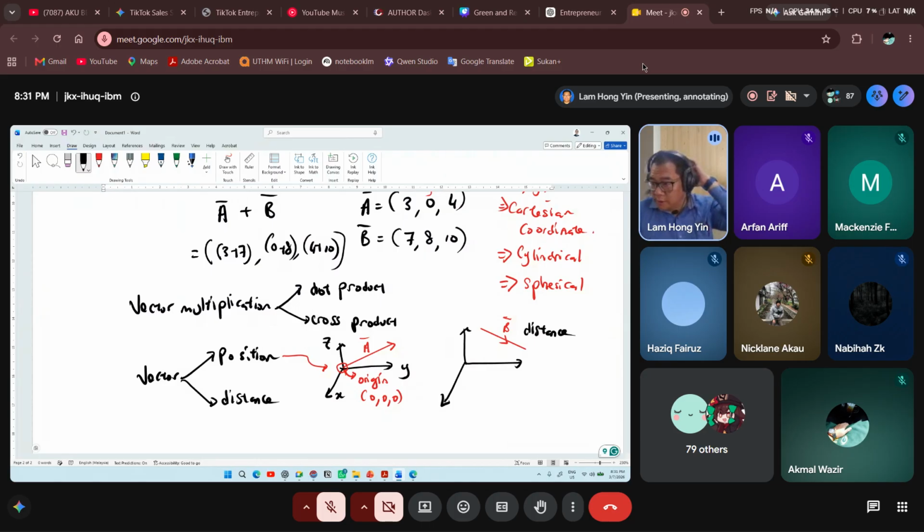We also know that for the distance vector, if I have a starting point and an end point, A and B over here, my vector B is actually a vector from A to B, right?